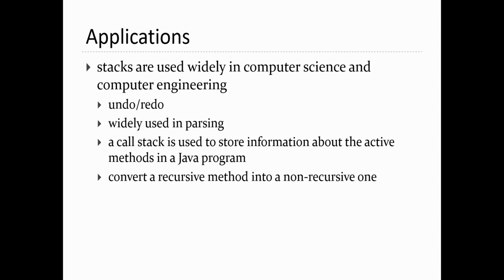So typing in some text, that text gets wrapped up in a command object, and that object gets pushed onto the undo stack. Then you use some more stuff, and another object gets pushed onto the undo stack. And you use some more stuff, and another object gets pushed onto the undo stack. When you press undo, that command sitting on top of the stack gets undone, and then that gets pushed onto the redo stack. If you now redo what you just undid, the element on the redo stack gets popped off, and whatever is stored in there gets redone.